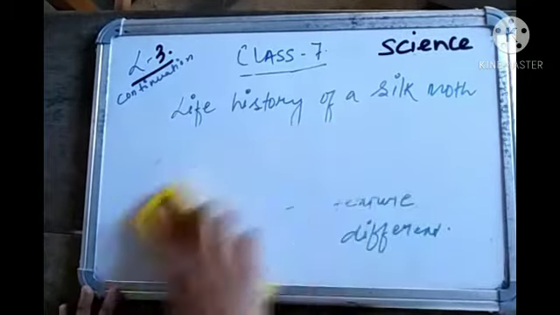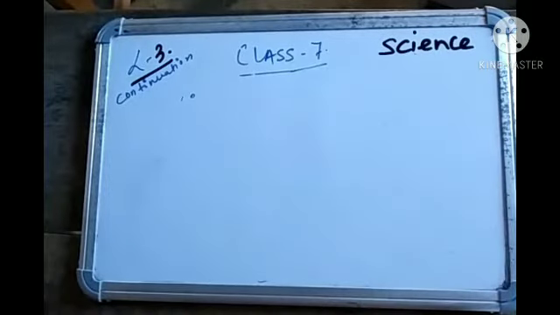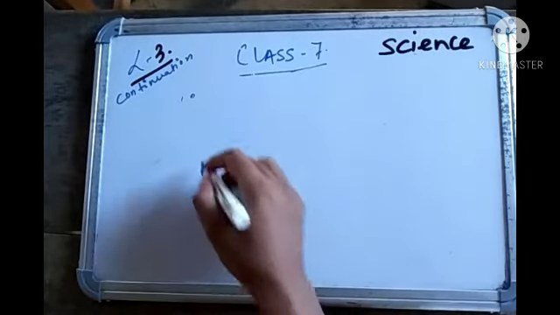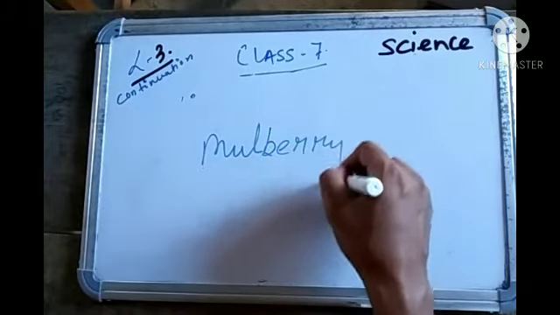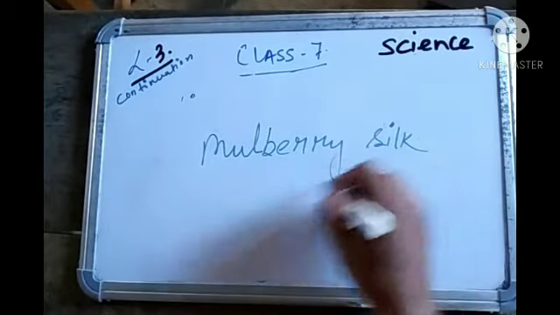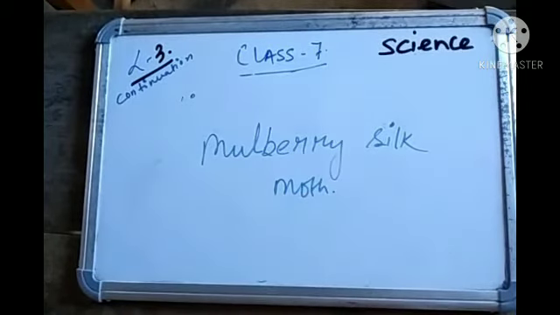The most common silk moth is the mulberry silk moth. So this is the life cycle.